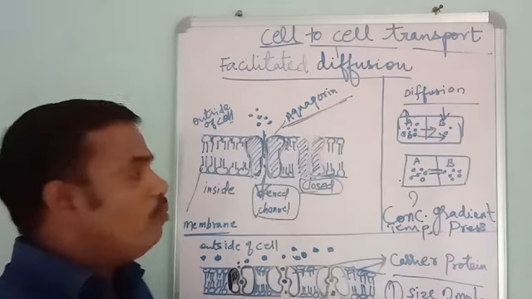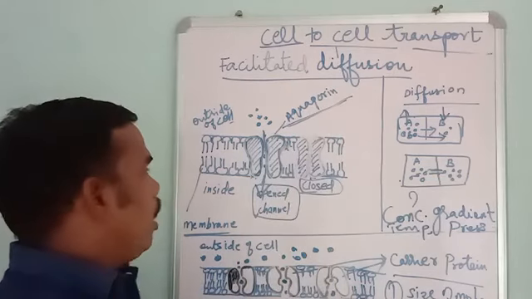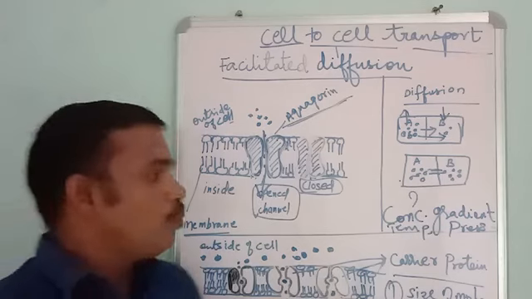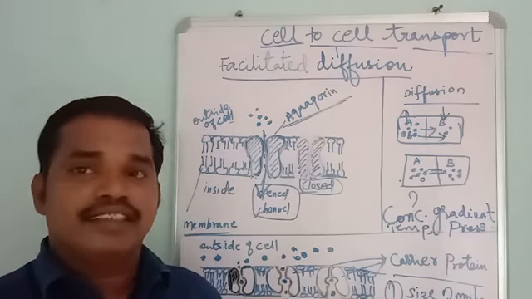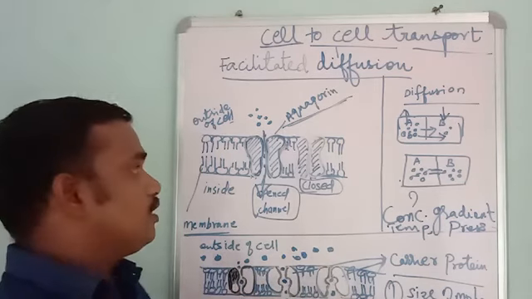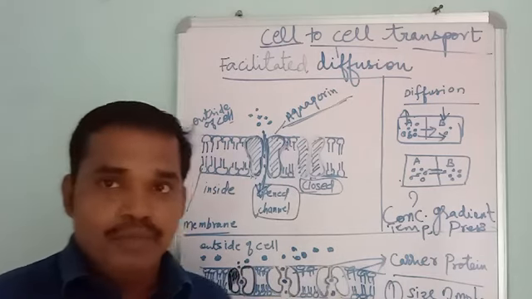Aquaporin allows a large amount of water into the cell. The channel protein makes a tunnel-like structure, and through it the larger polar substances, the water, are able to penetrate the cell membrane.